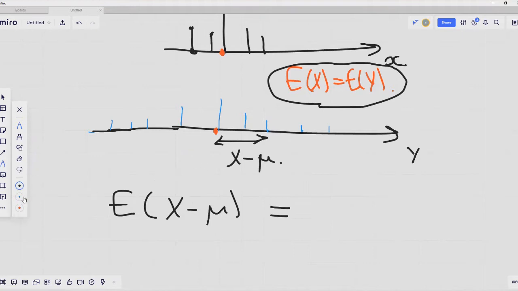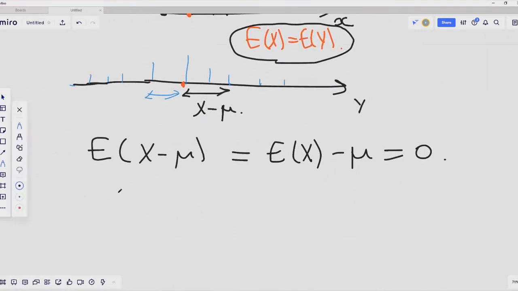However, we can see that the expected value of that difference is always going to be equal to 0, since positive deviations from the mean are going to cancel out the negative ones exactly. We know that expected value is a linear operator, so expected value of x minus mu is equal to 0.